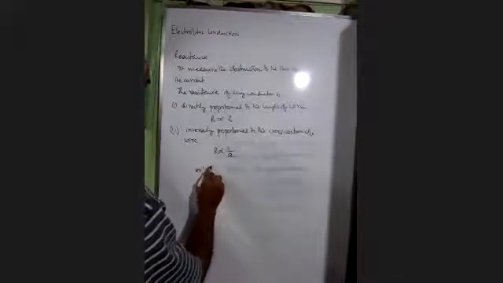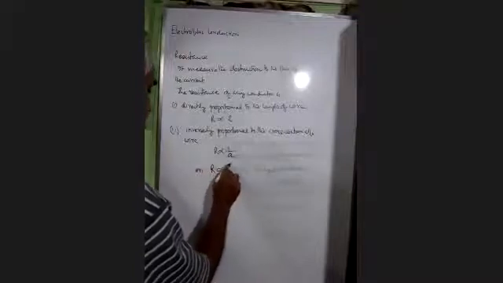Okay. So therefore, what can I write now? I can write R is proportional to L by A, or I have to put a constant.